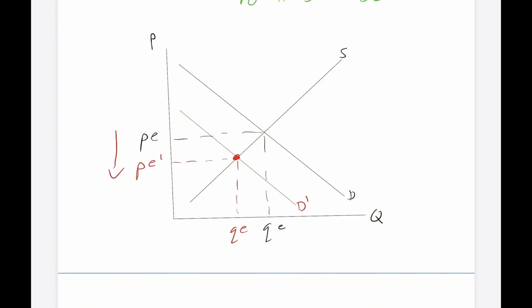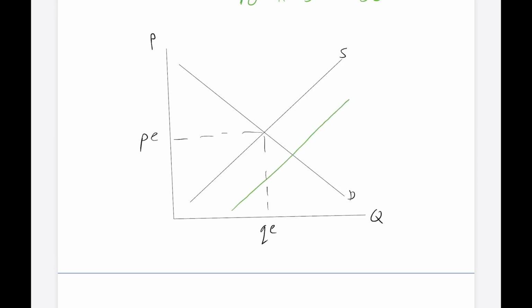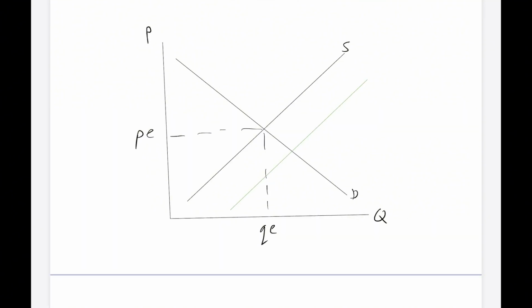Now let's look at what happens when there's an increase and a decrease in the supply of the product. Let's see what impact that has on price equilibrium and quantity equilibrium. Let's say there's been an increase in supply. Let's say there have been some advancements in technology, or that the cost of production has decreased, so that firms are more willing and more able to supply products.